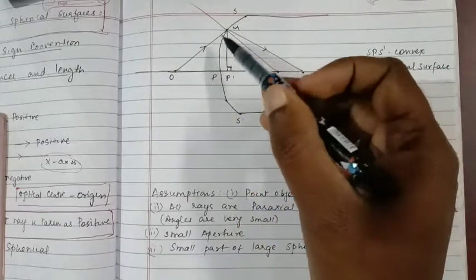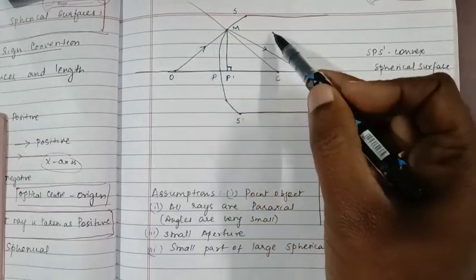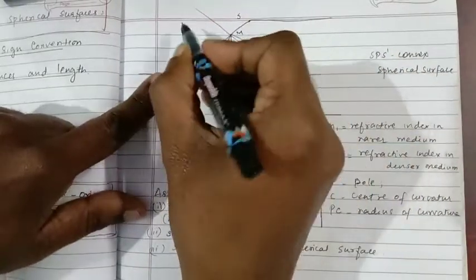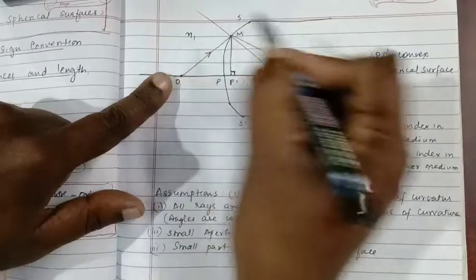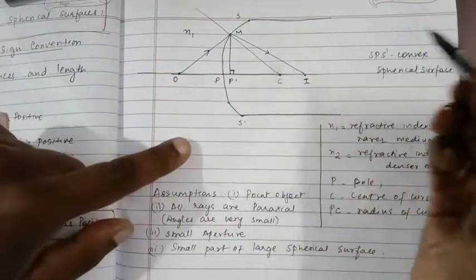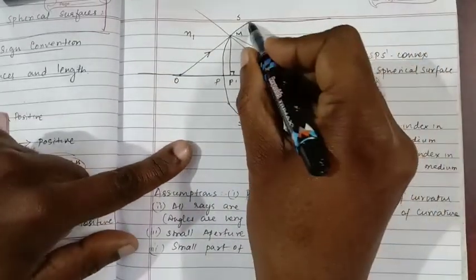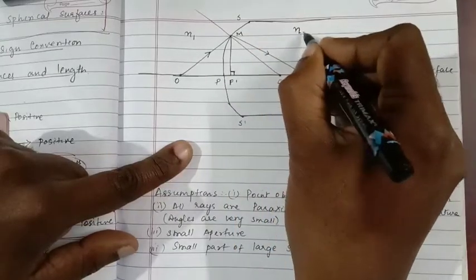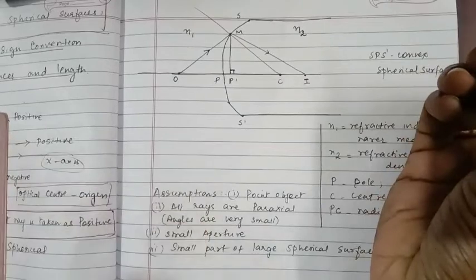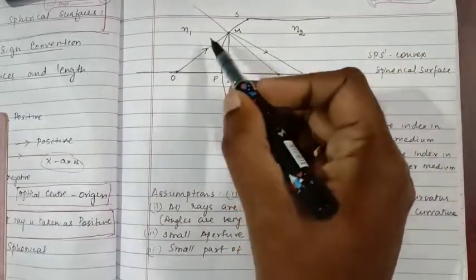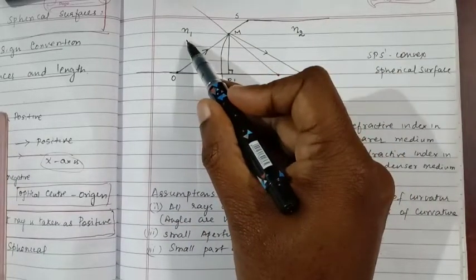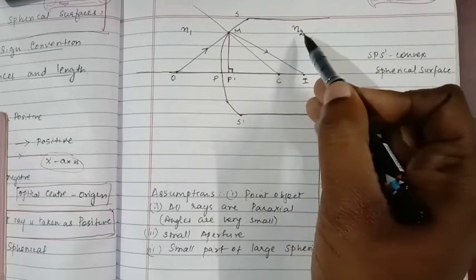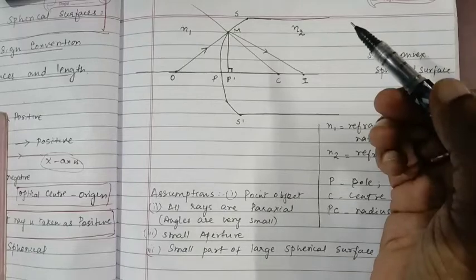It is separating the rarer and the denser medium. This one is rarer medium, so the refractive index is n1. I have extended this line, and this is the denser medium. The refractive index is n2. So n1 is the refractive index of rarer medium and n2 is the refractive index of denser medium.